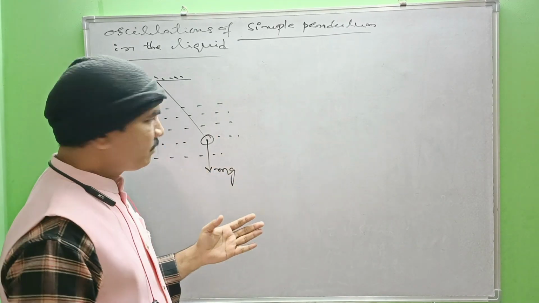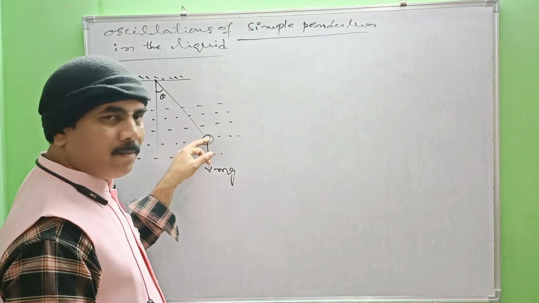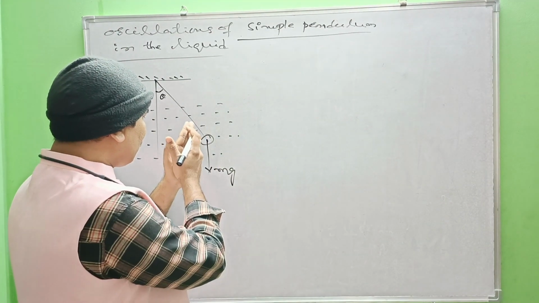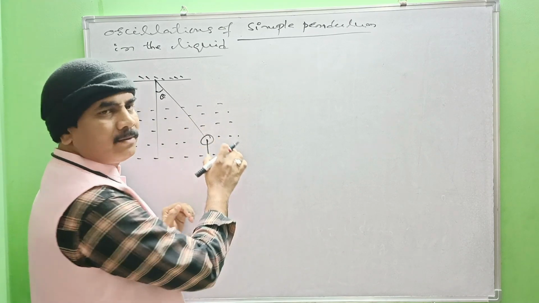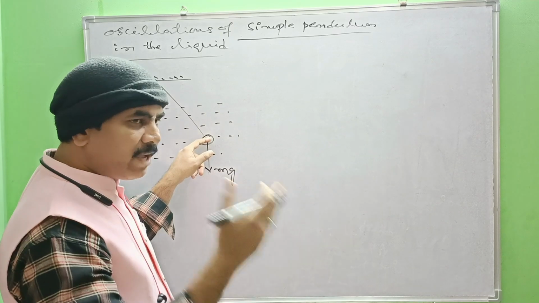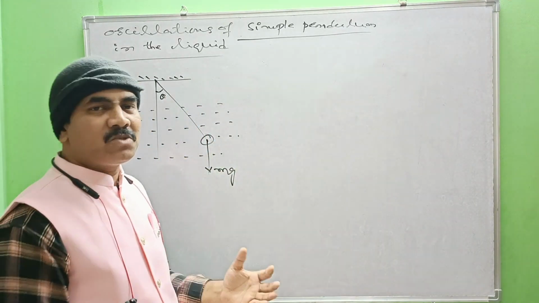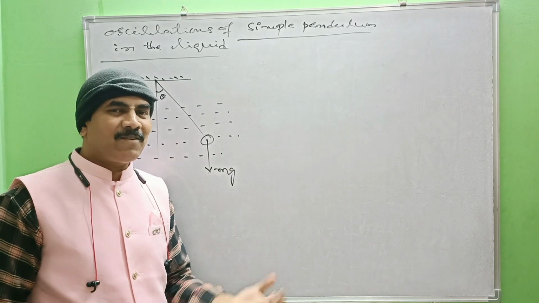What is that force? Force of buoyancy. The bob displaces some portion of liquid, and that displaced liquid exerts an upthrust on the bob. That is known as the force of buoyancy, otherwise buoyant force.